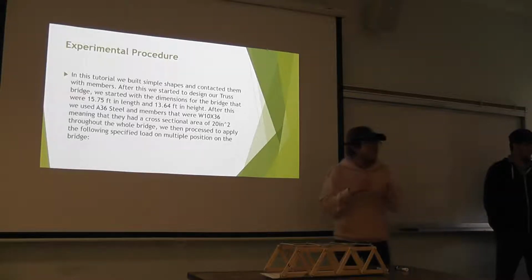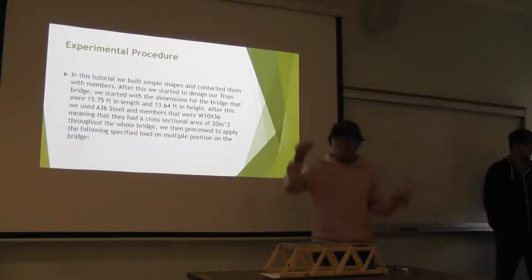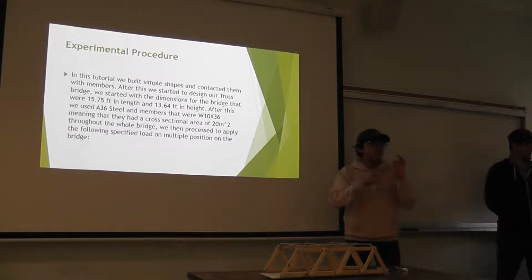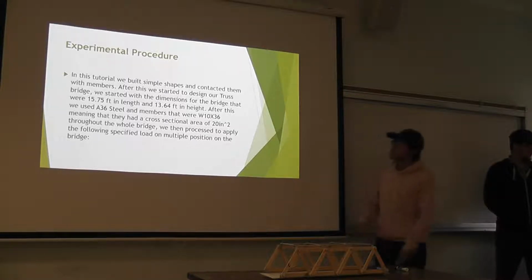And like in our previous labs, we use cross-sectional area to calculate deflection. When you apply a load to a beam, you have reaction forces on either side, and it will cause a deflection. This is important because you want your members to have an allowable deflection that will be safe to use in a bridge.